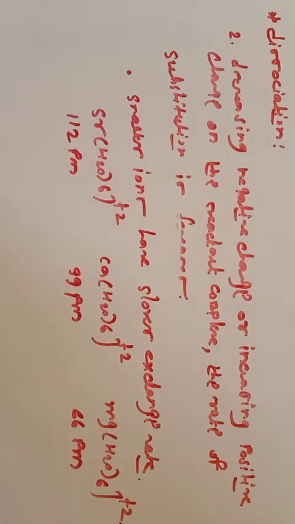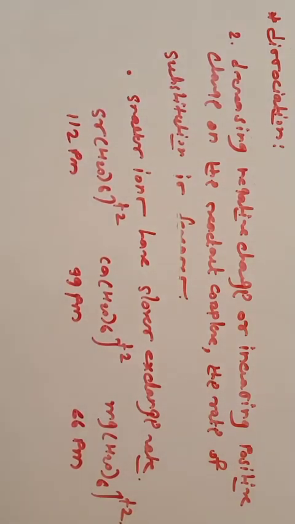Those having a very small ionic radius have a lower exchange rate, so the rate of ligand substitution is very low in these complexes, because a small ionic radius means a larger charge density.